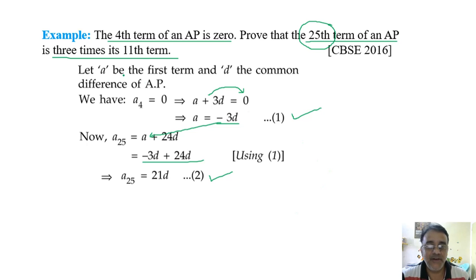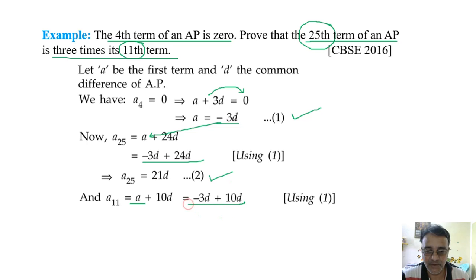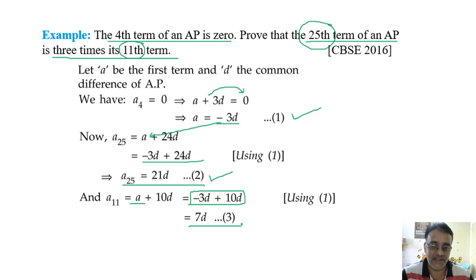Okay. Now next we'll find the 11th term. 11th term, how will you write? A plus 10D. Very good. Now again we'll substitute A is equal to minus 3D. So what you will get from here? Plus 7D. Right. Now from 2 and 3 we can clearly say directly that A25 is 3 times A11.